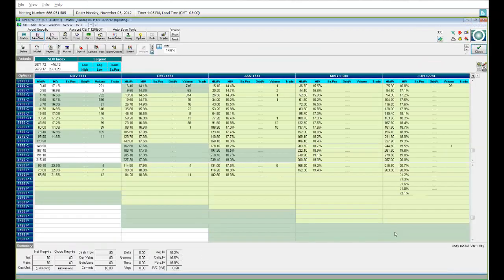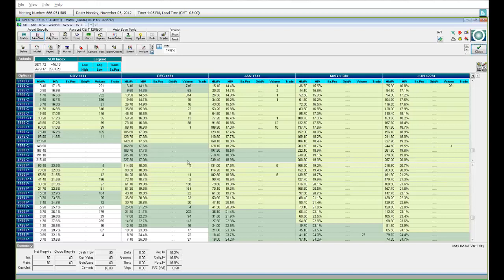I'm going to show you right now. Look at the screen right here. Let's look at the front month, November, at 11 days. I'm just going to pick strikes. It doesn't mean anything, it's hypothetical. I'm going into calls. This would be a credit spread: I sell 10 options and buy 10.